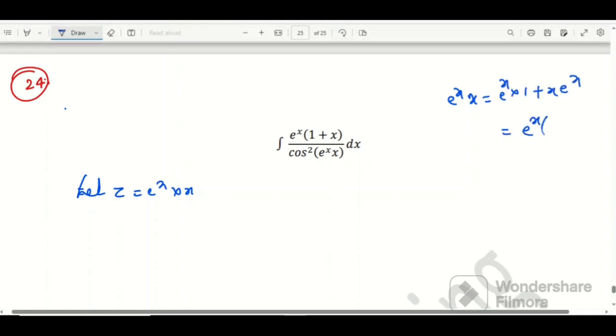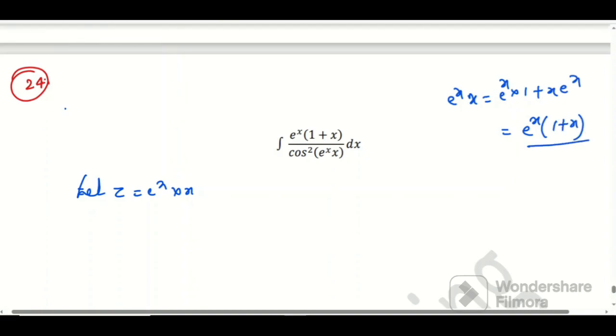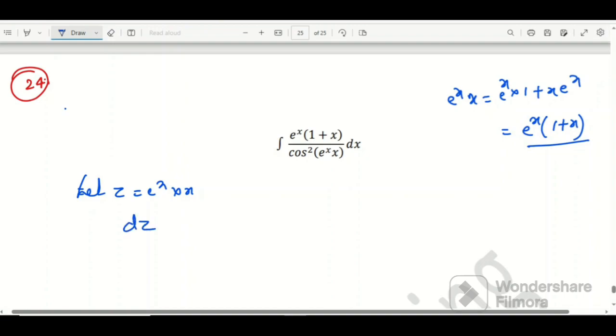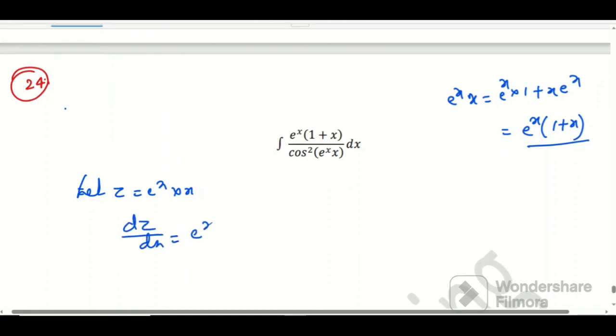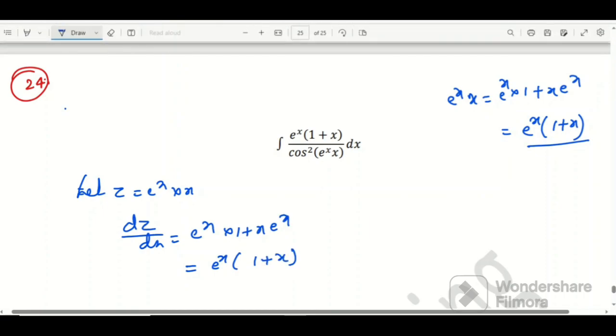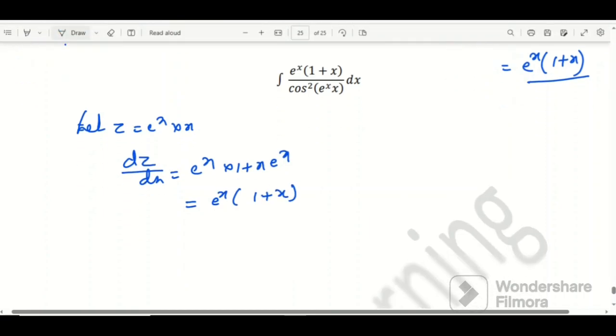Here I can take e power x as common, I will get 1 plus x, and this is already in the numerator. So dz upon dx equal to e to the power x into 1 plus x. It will imply dz equal to e to the power x into 1 plus x dx.